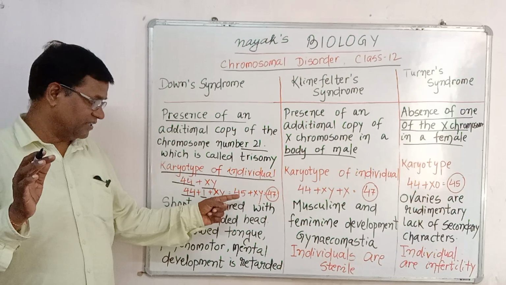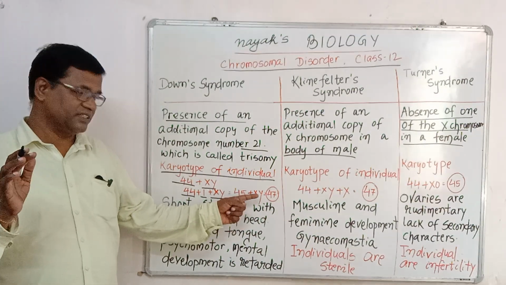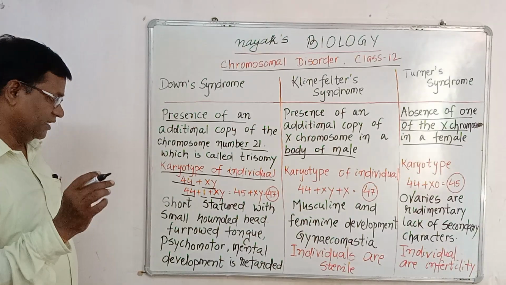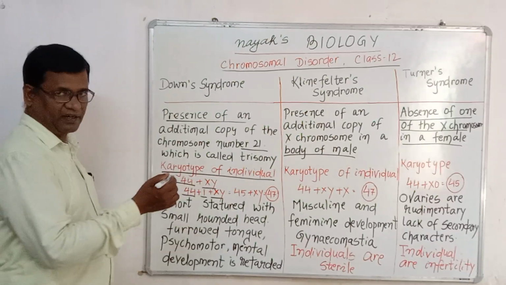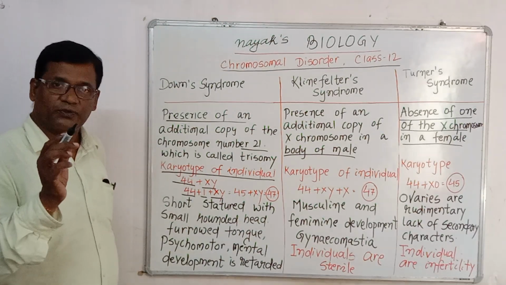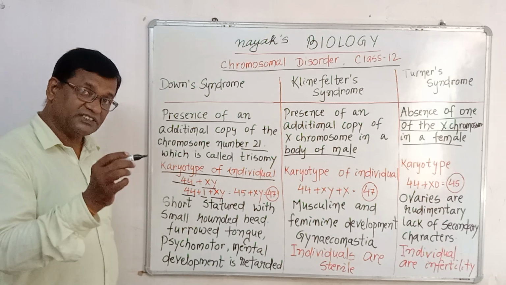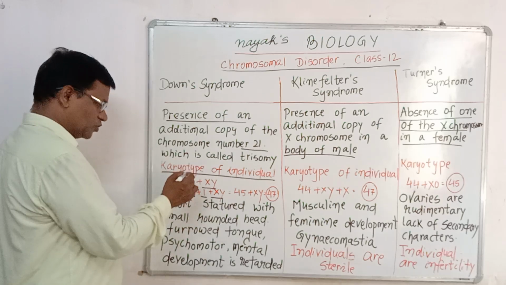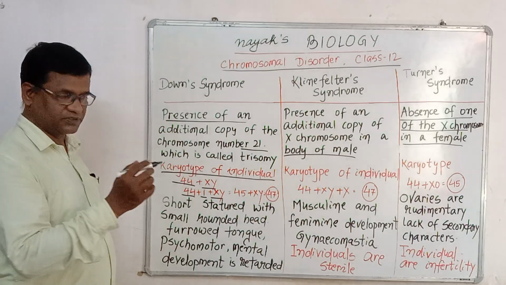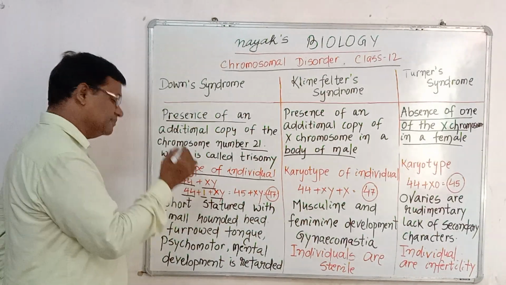So 44 plus 1 is 45, plus XY if it is a male, that is 47. Once again, don't forget, it is the most important part of the concept. 44 means 22 pairs. Clear everyone? Because we have a total of 23 pairs, 22 pairs are autosomes, that is 44 chromosomes, plus XY if it is a male.